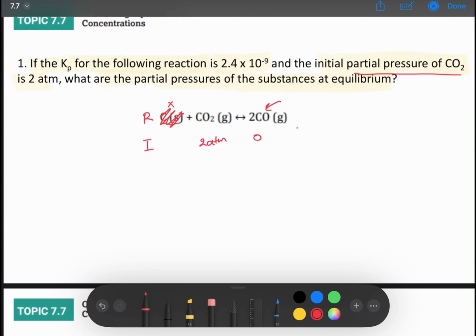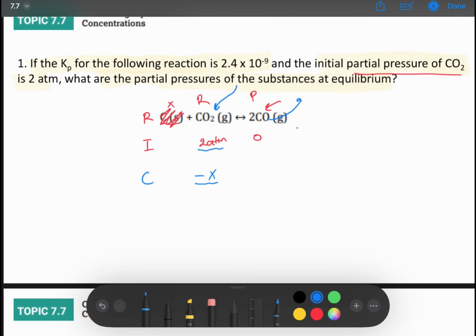Since we're dealing with reactant versus product, we're supposed to have a decrease in the pressure of the reactant and an increase in the pressure of the product, because the reactants are consumed and the products are produced. So the change here is going to be minus x, because we'll be decreasing the pressure by a magnitude of x.